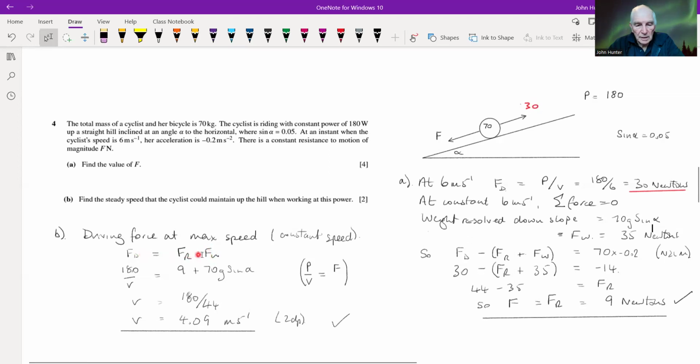We know the driving force in terms of V: 180 over V. The force will vary according to the velocity. The resistance force we calculated to be 9, and the resolved part of the weight is 70g sine alpha, where sine alpha is 0.05. We can substitute those values in and rearrange to get V equals this, which turns out to be 4.09 meters per second.